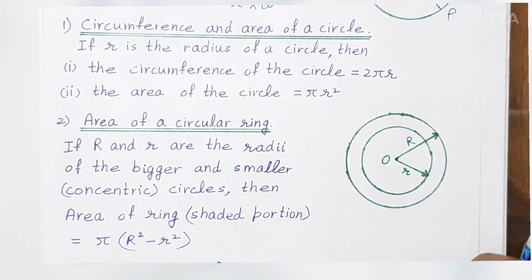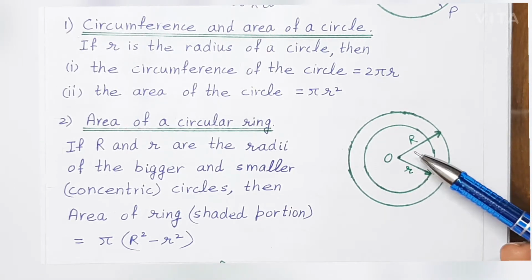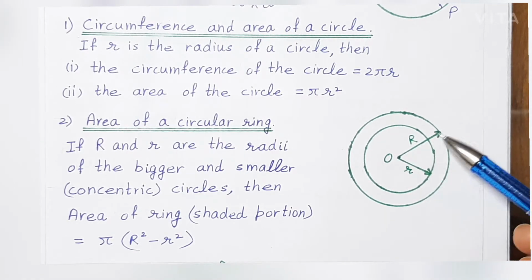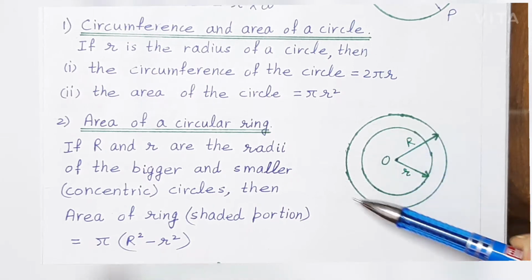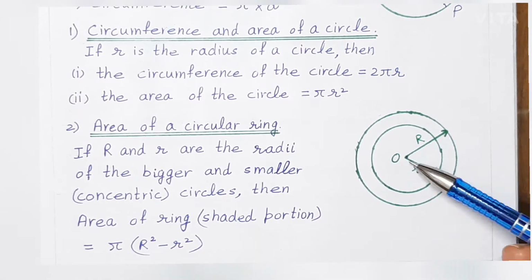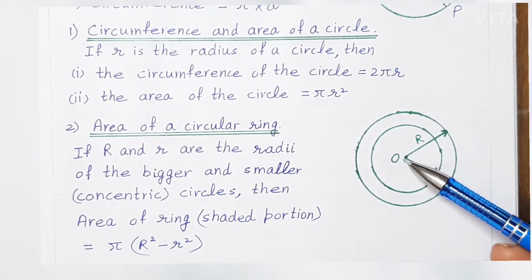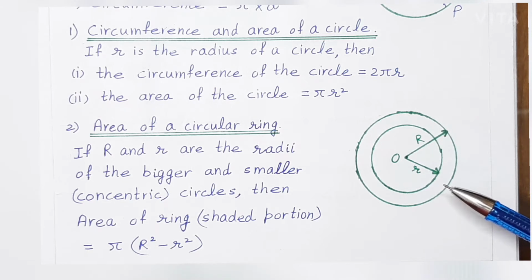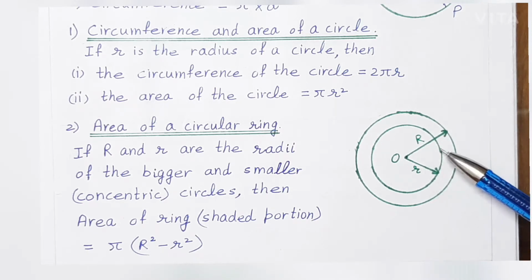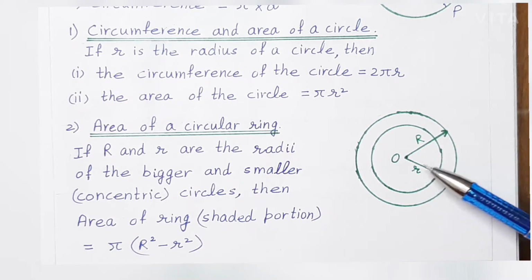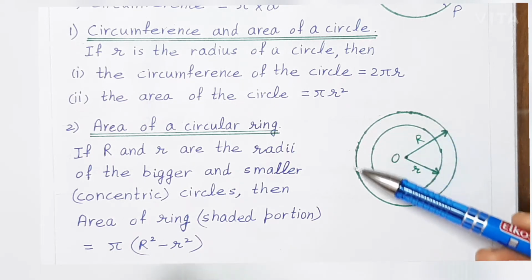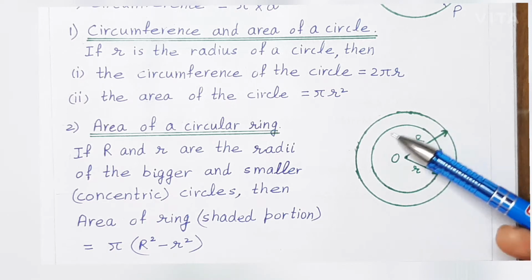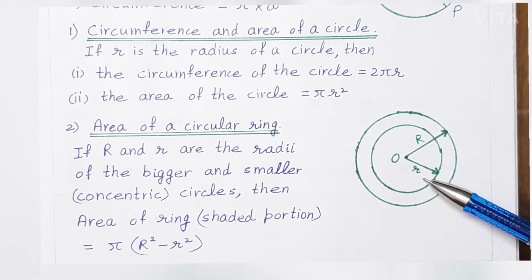Now, you can see in the diagram here, capital R is the radius of outer circle and small r is the radius of the inner circle. Now we have these two concentric circles. Clear? Now in this concentric circle, the area of ring will be area of outer circle minus area of inner circle. Clear?